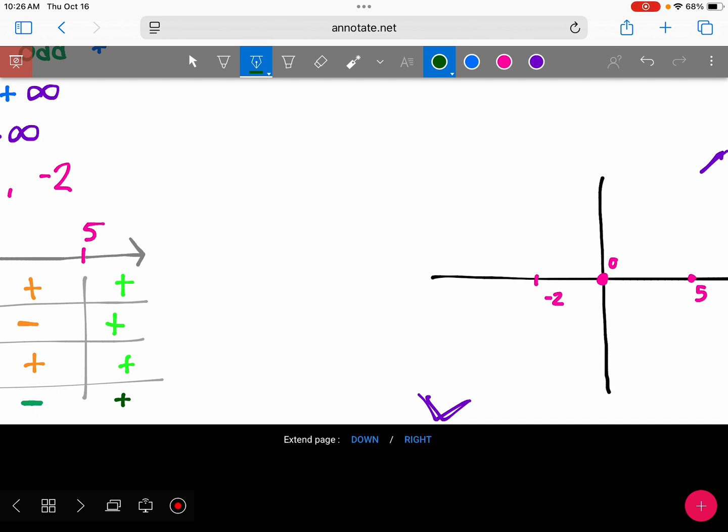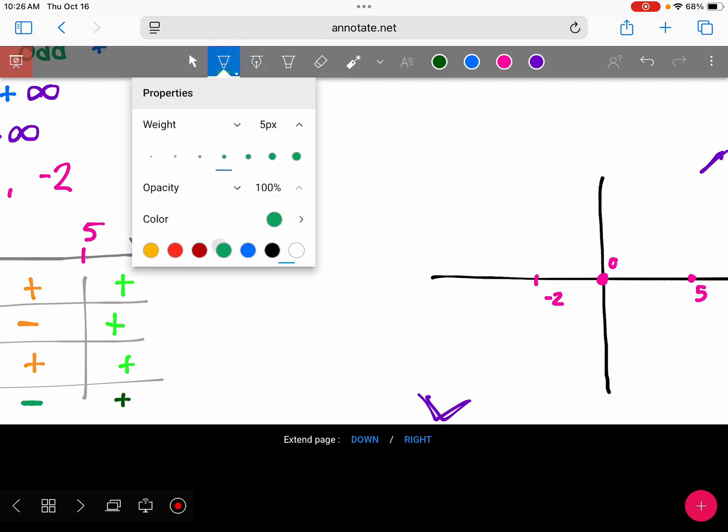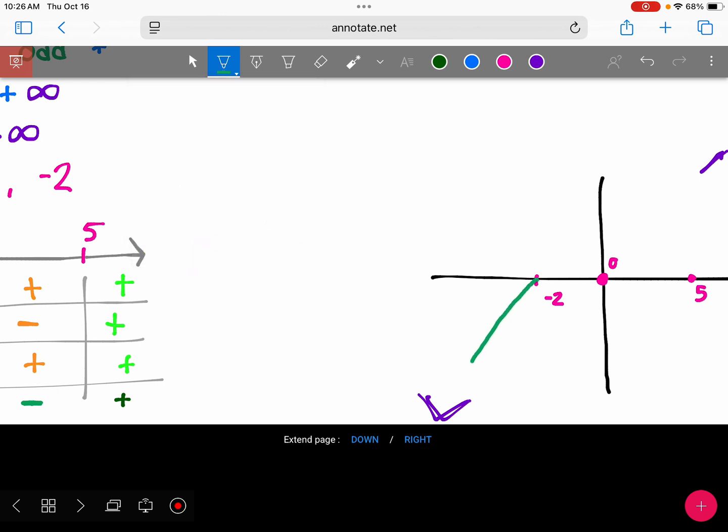So when we have our function being negative, I know from -2 forever we are below the x-axis. Between -2 and 0, I need positive y values. I need to be above the x-axis, so it's going to be up here somewhere. There we go.